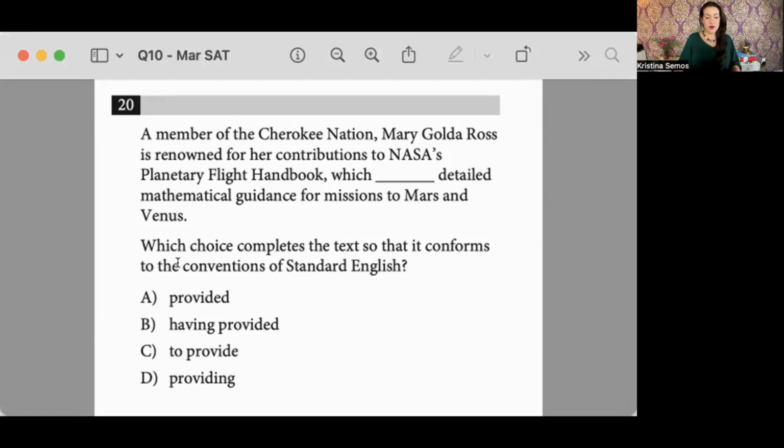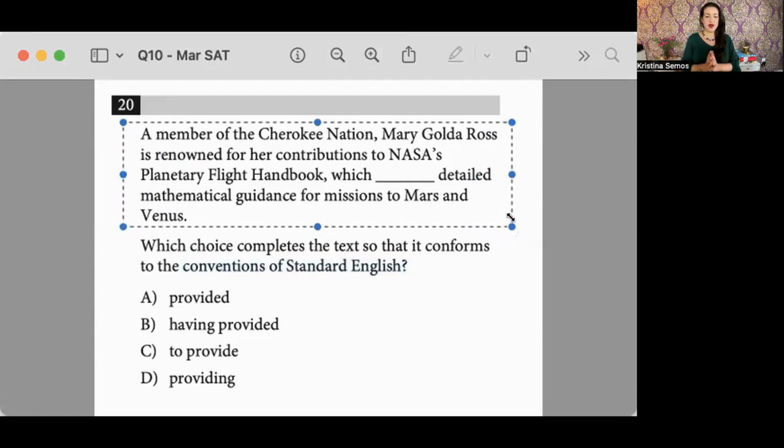Okay, so I know it's a grammar question because I literally see the words standard English and they are capitalized. So I go and I read this, and it says, a member of the Cherokee Nation, Mary Golda Ross is renowned for her contributions to NASA's Planetary Flight Handbook, which blank detailed mathematical guidance for missions to Mars and Venus.